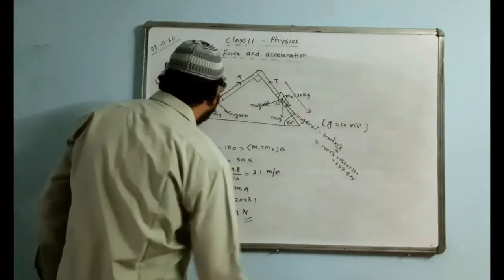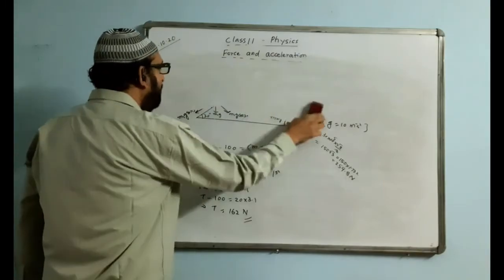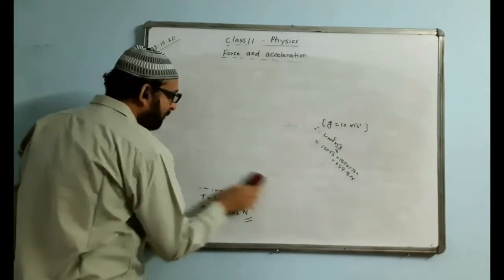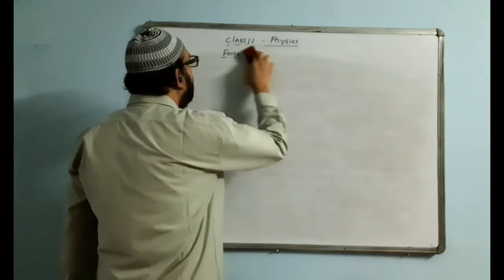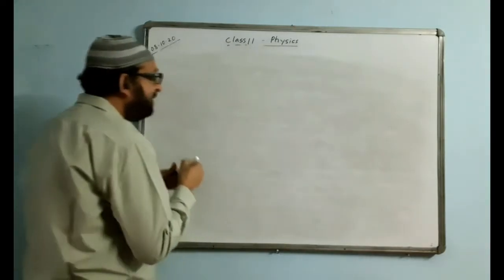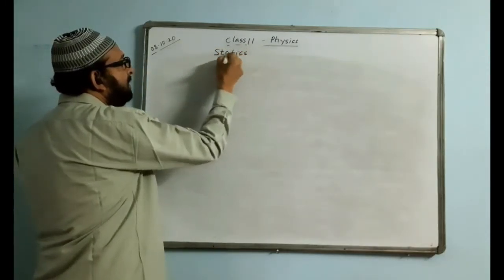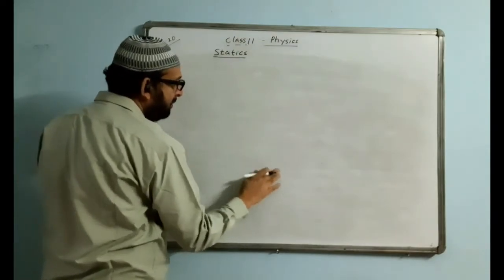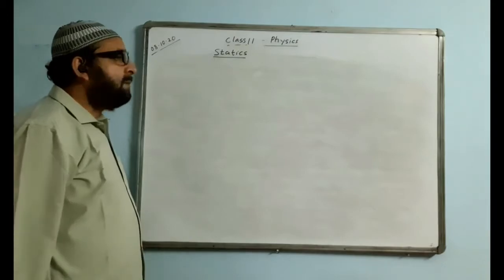I think we have done all the types of problems in the chapter force and acceleration. Now we are doing a related chapter to this one, which is called statics. In the book it is given as a separate chapter, but it actually comes together with force and acceleration. What is the meaning of statics?